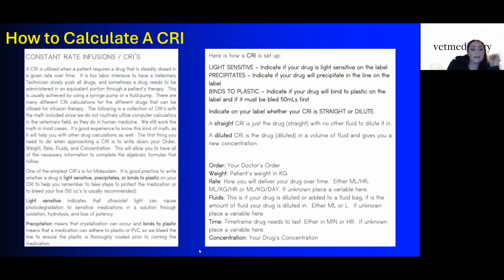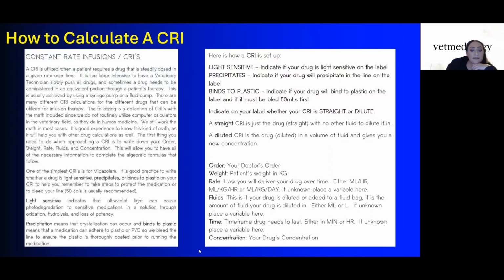It's good practice to write whether a drug is light sensitive, precipitates, or binds to plastic, like insulin CRIs, on your CRI label, so that you can remember to take steps to protect the medication or to bleed your line. Light sensitive indicates that ultraviolet light can cause photodegradation to sensitive medications in a solution through oxidation, hydrolysis, and loss of potency.